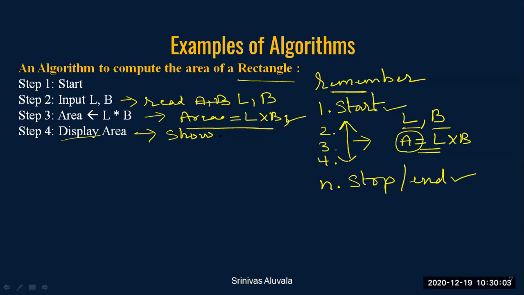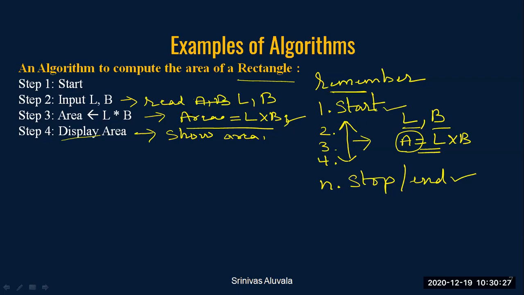It's only a sequence of steps giving us a solution to a problem in a finite number of steps with some definiteness, with input, output, and end at some point. That's what the algorithm is. So I can write show area, or I can write print area. Anything is right. Then I displayed the area to the user.